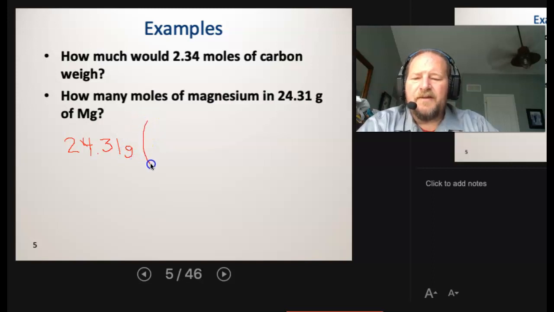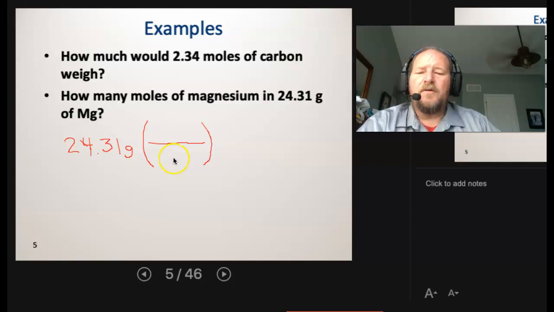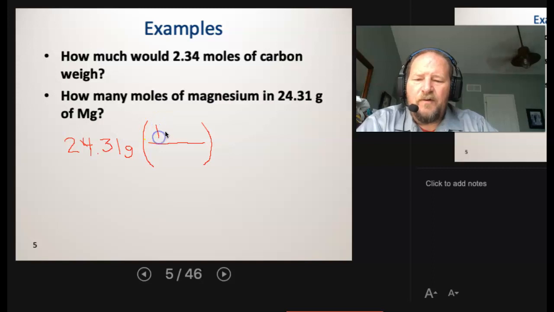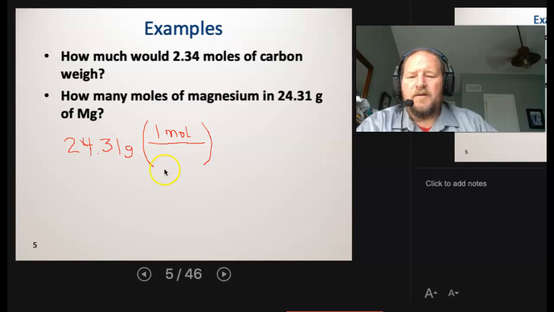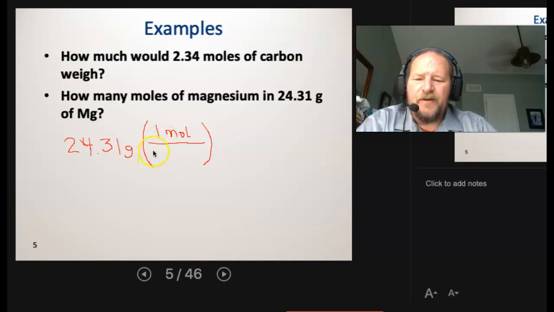We're going to set up our parentheses. This time we want to be in moles, so I'm going to put 1 mole of magnesium on top. And I'm going to go to my periodic table, and it turns out that this happens to be 24.31 grams.